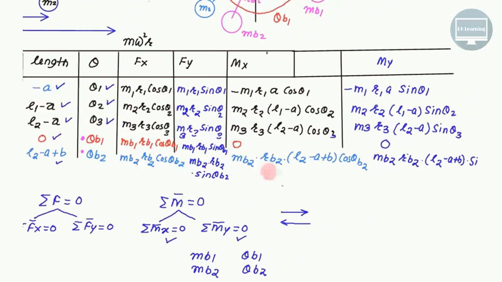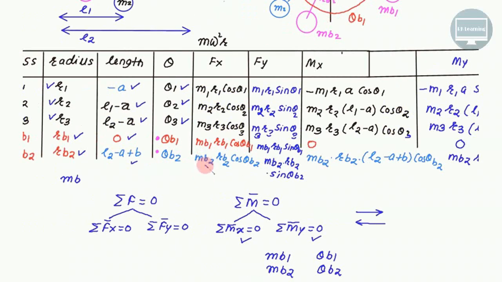If you solve the moment equation, are we able to calculate MB2 and theta B2? Once we know this, we'll come back to the original equation. We put in this one, then MB1 and theta B1 are the only unknowns. So what is the first step? Sigma MX is 0, sigma MY is 0. Solve it first, and what do you get? MB2 and theta B2. Once you know those values, you come to the Fx term and Fy term. That's all.